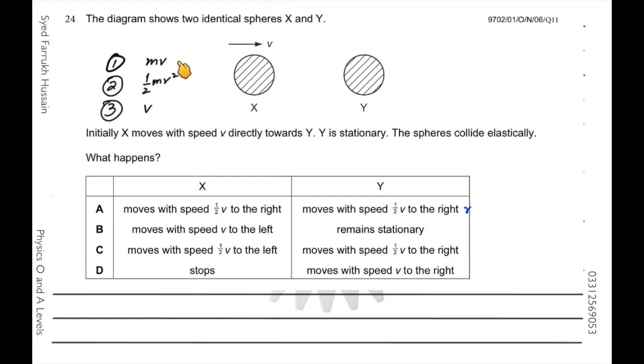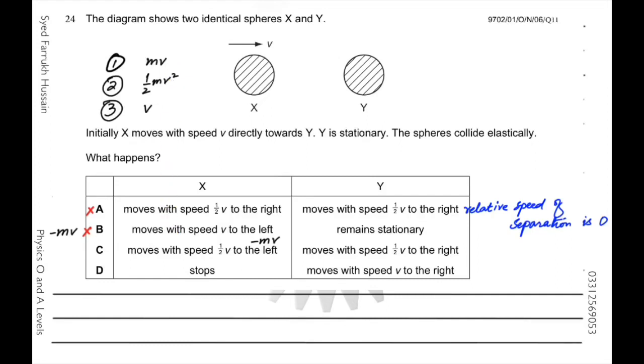I'll check for option 1, equation 1 and equation 3. According to option A, the relative speed of separation is 0 because they are moving in the same direction with the same speed, which means relative speed of separation is 0, and this is not satisfying equation 3. According to option B, the total momentum of the system after collision is minus mv, and it was mv before collision, so option B is also incorrect.